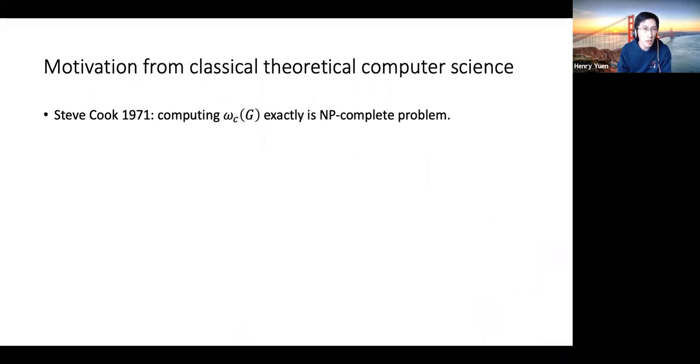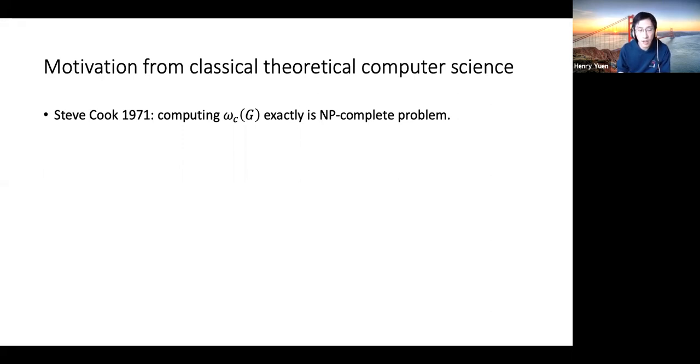And let me just quickly say, why is this a naturally motivated thing to ask? Well, it comes from classical theoretical computer science. So Steve Cook in the 70s came up with the theory of NP completeness. And one way of phrasing what he proved is he showed that computing the classical value of a non-local game exactly is an NP complete problem.